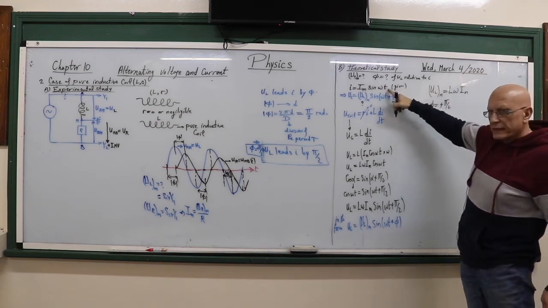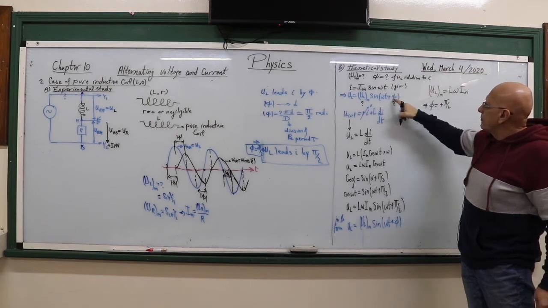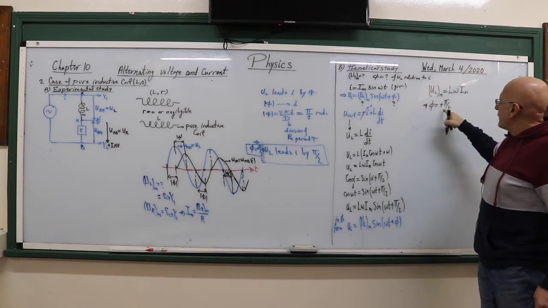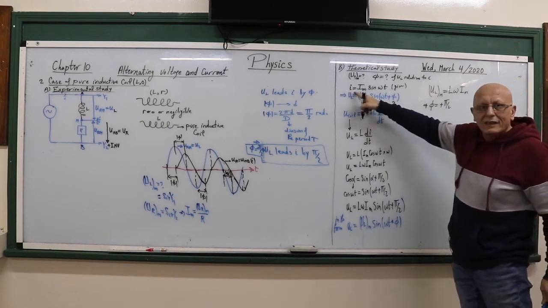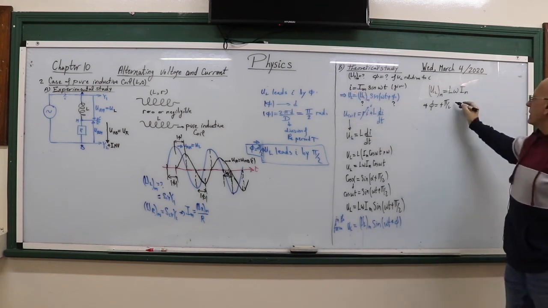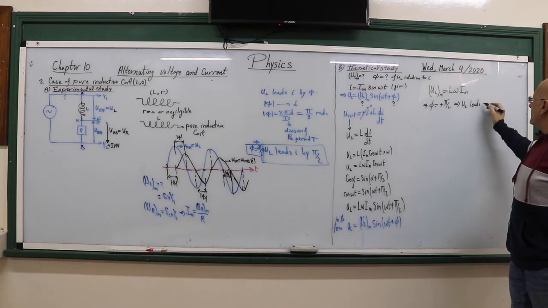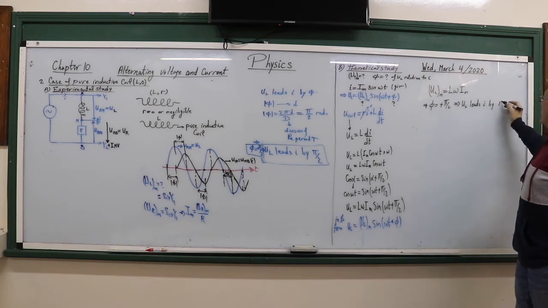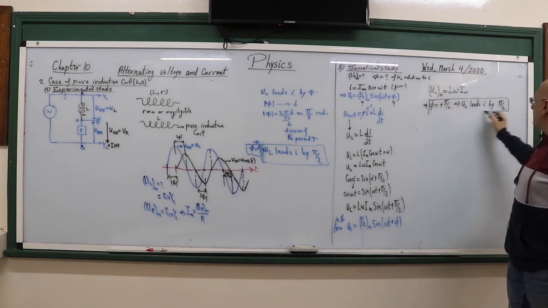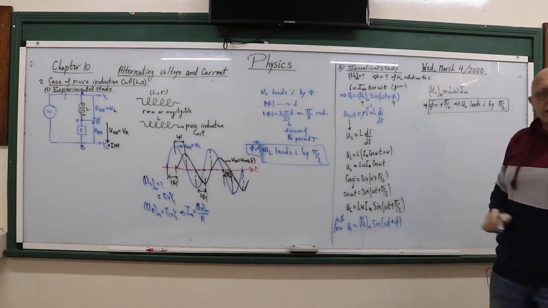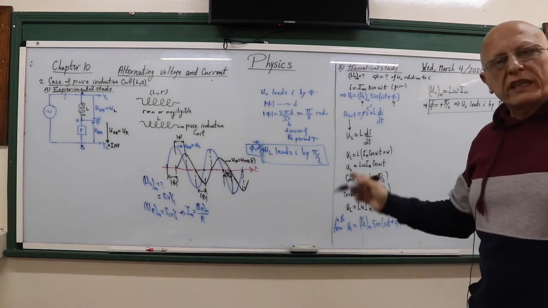I is the reference, so its phase is 0, and phi is positive, so we deduce that UL leads I by pi over 2. Yani, this implies UL leads I by pi over 2, which is the same result as the experimental one that we obtained.